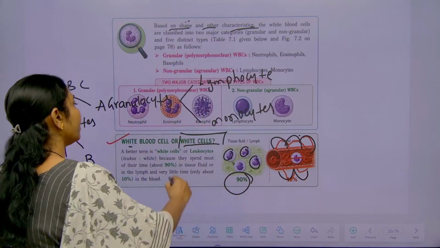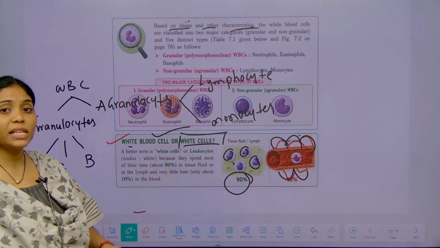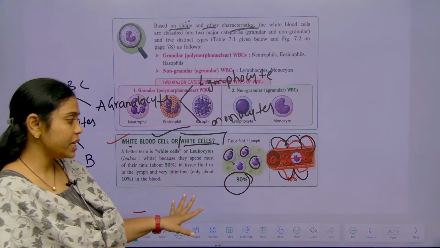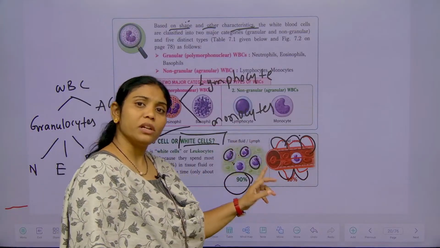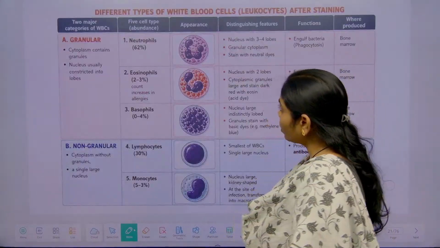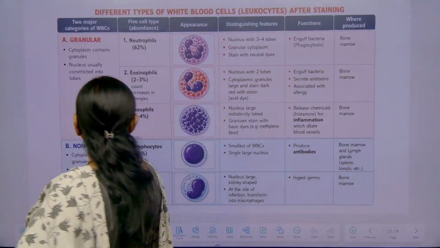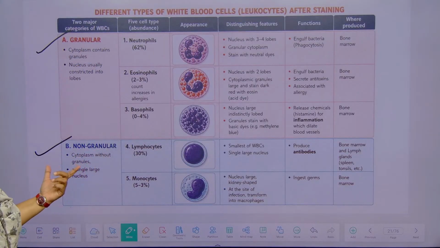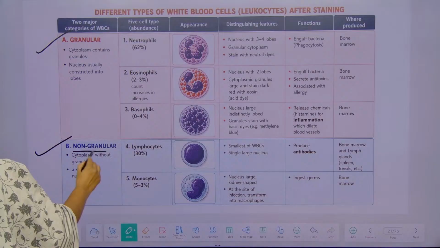That is why the accurate word is white cells. Of course, we can call them white blood cells also, because WBCs belong to the blood components. As we have discussed, these WBCs are divided into granulocytes and agranulocytes.